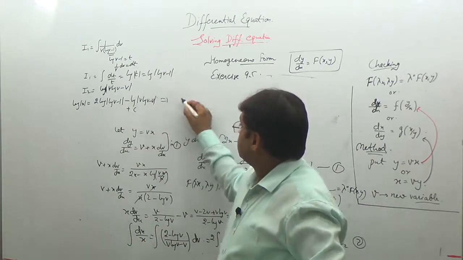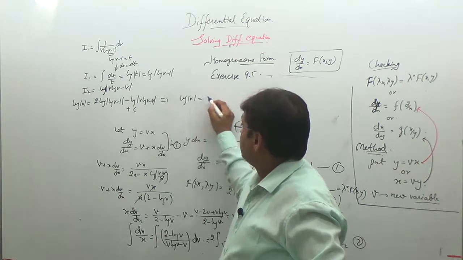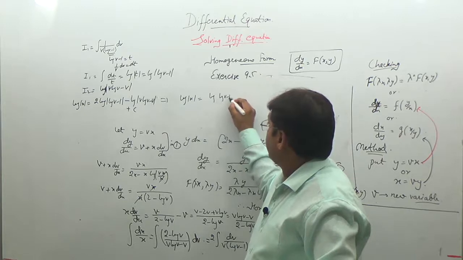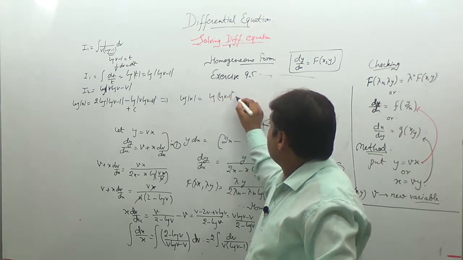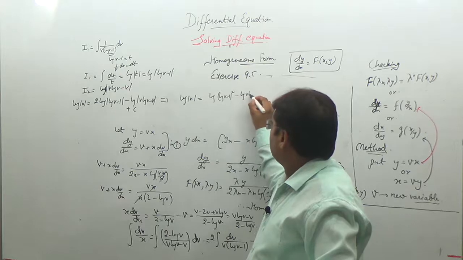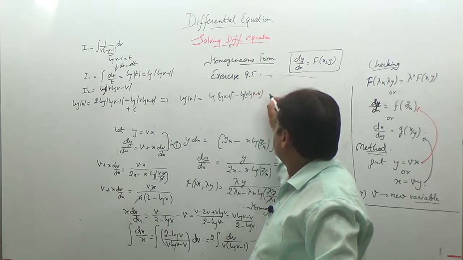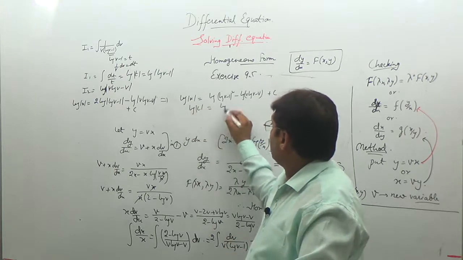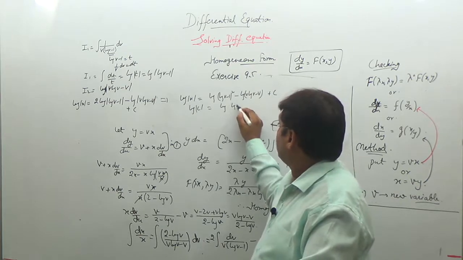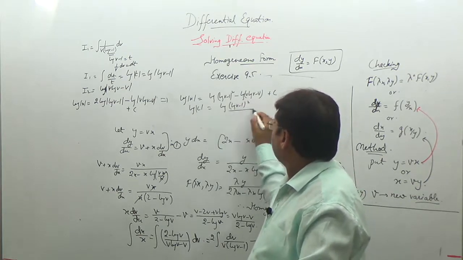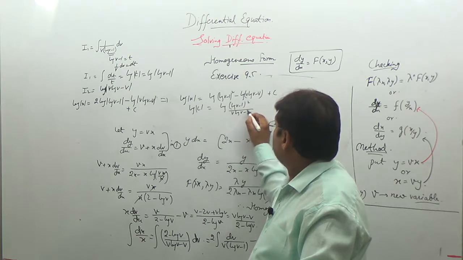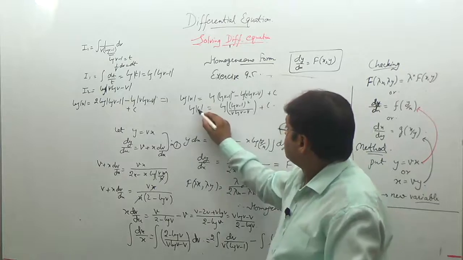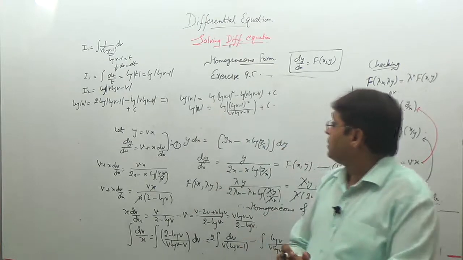This can be written as log of mod x is equal to log of v minus 1 whole square minus log of v log v minus v plus c. So this further can be written as log of m minus log n, that is log of v minus 1 whole square upon v log v minus v plus c. This is your log x.